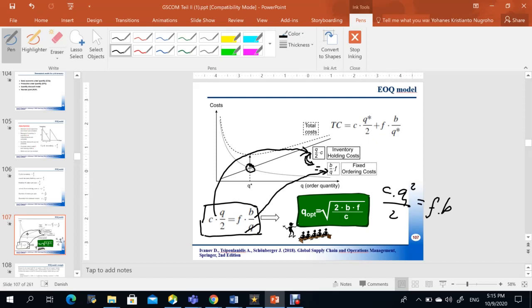And therefore Q star squared equals F times P times 2 divided by C, and the economic order quantity Q equals the square root of 2FP divided by C, according to this equation. Alright?